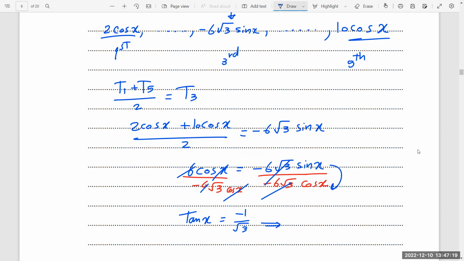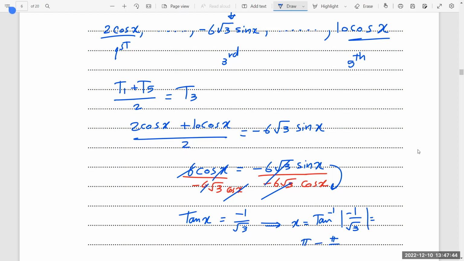So I take x equals tan inverse of the absolute value of negative 1 over radical 3. Of course, tan here is negative because this angle is in the second quadrant, it's an obtuse angle. So x is pi minus tan inverse of this.